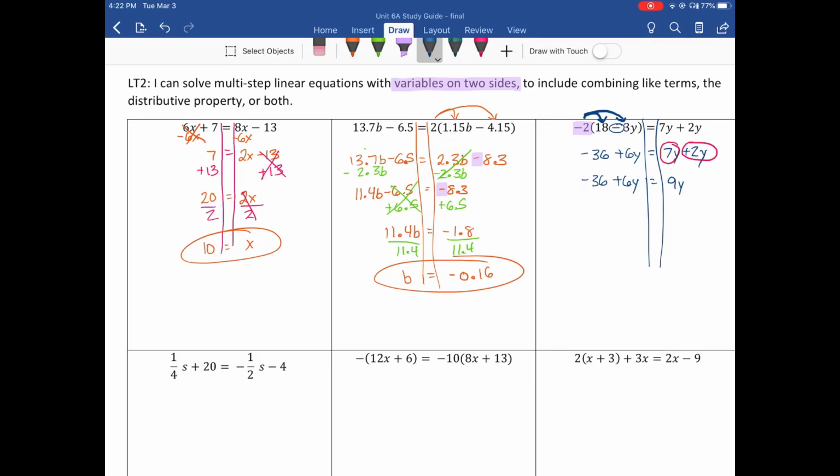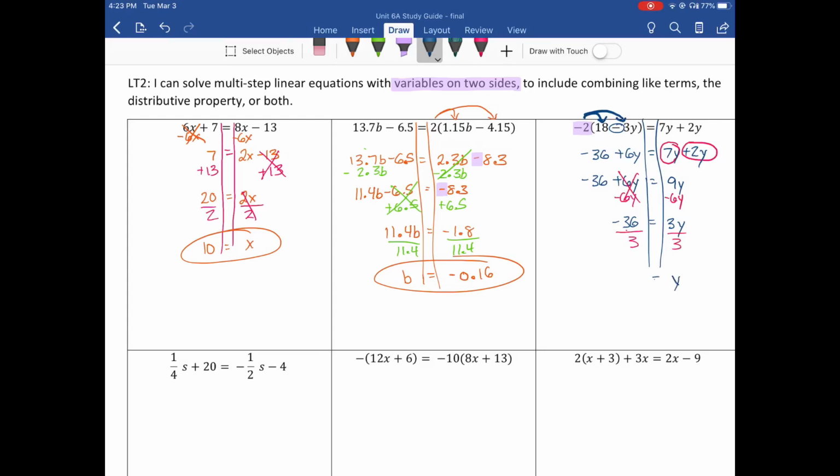And then from here, we have 6y and 9y on opposite sides of the equation. Since we only have a constant on the left, we'll go ahead and get rid of that 6y by subtracting. And we'll be left with negative 36 is equal to 3y. And then our last step is just to divide by our coefficient.